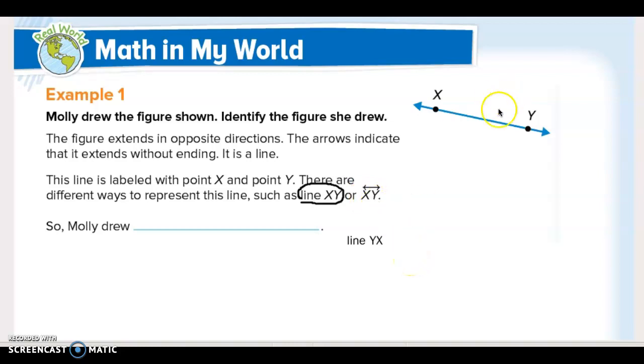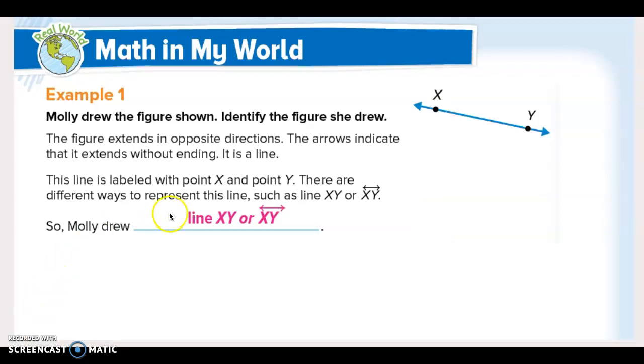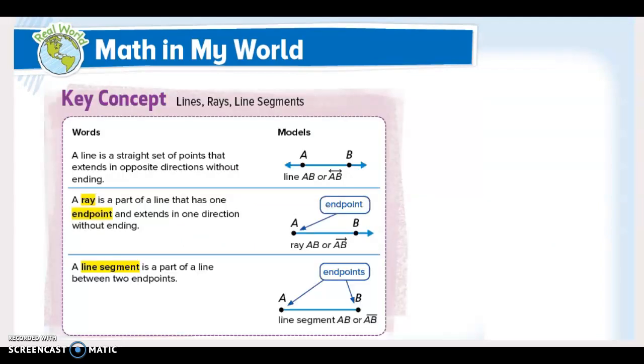Okay, so lines, again, can be named in 2 ways. So Molly drew line XY or line YX. It's the same thing. This is a review of your key concepts. So just as I went over, this is also on your worksheet in case you forget.